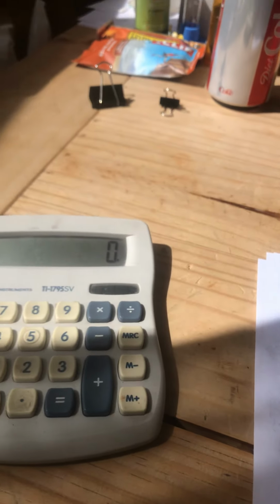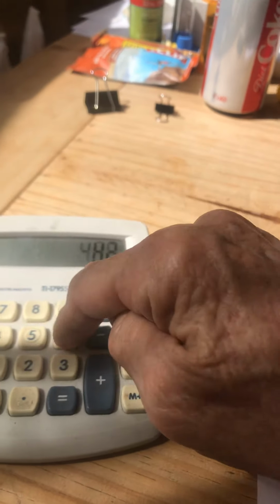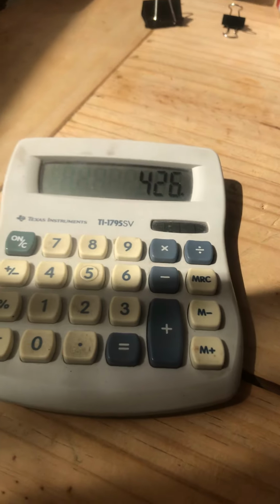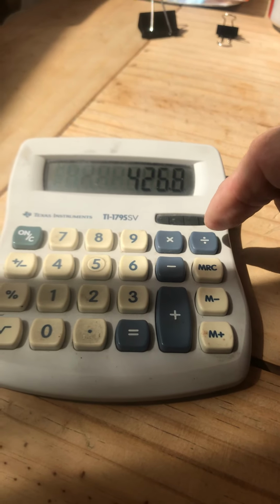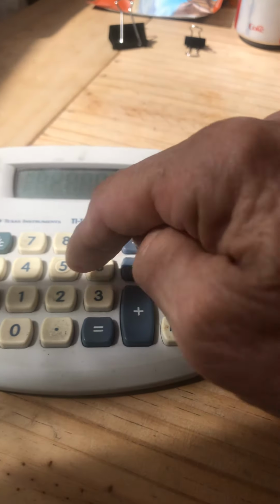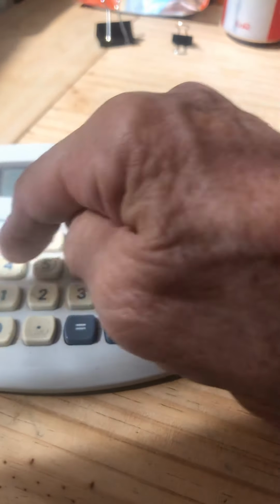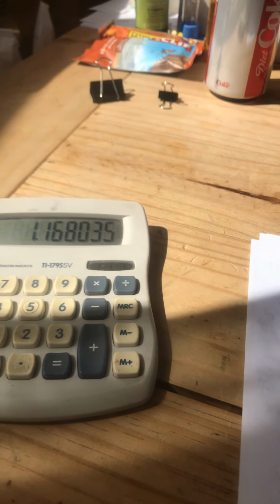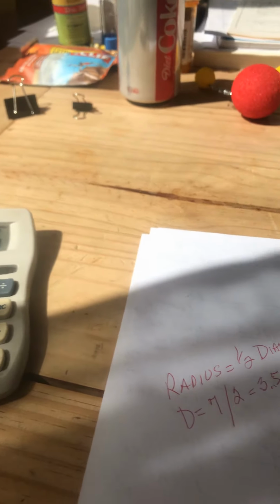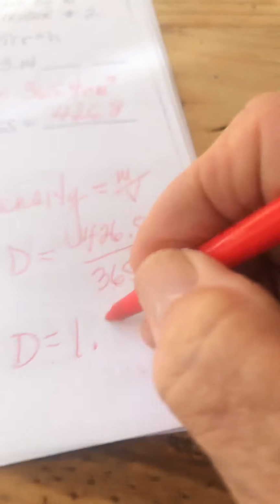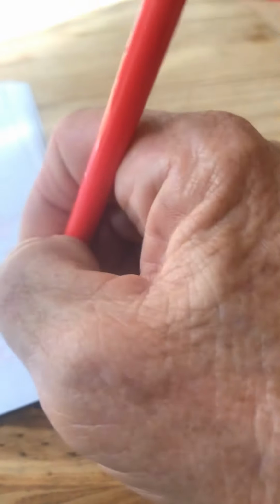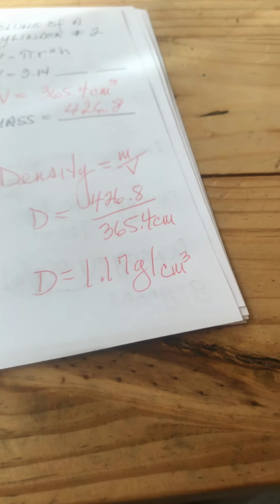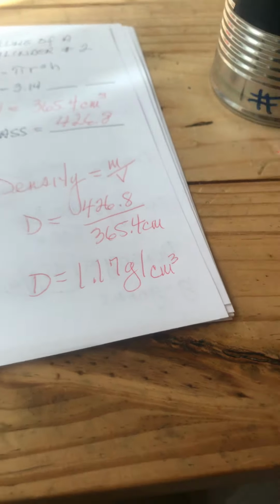So we got 426.8 divided by 365.4, and it's 1.1, I'm going to round up the hundredths, so 1.17 grams per cubic centimeter.